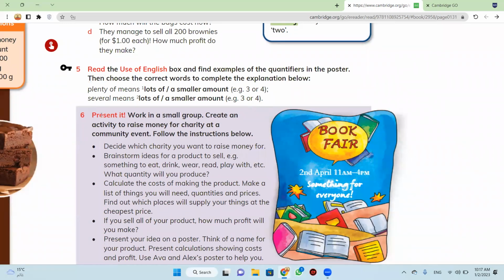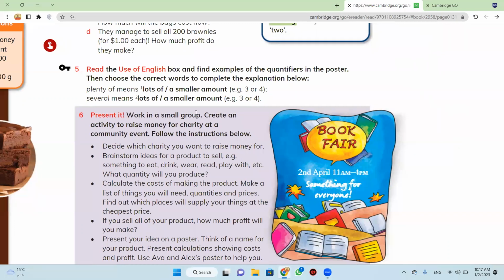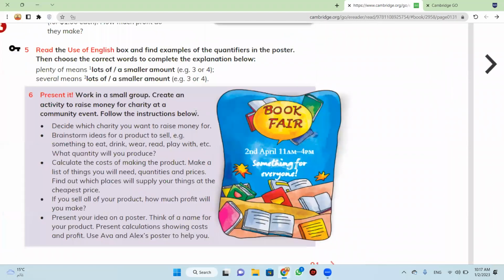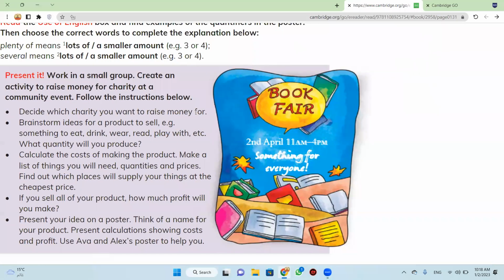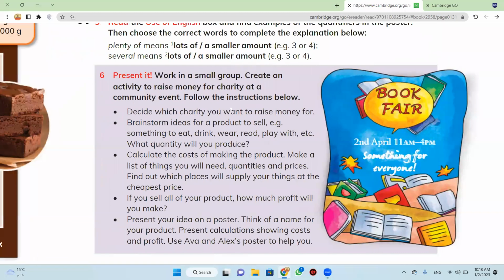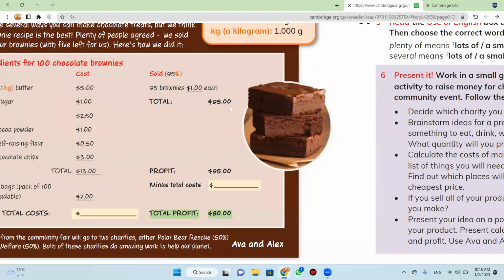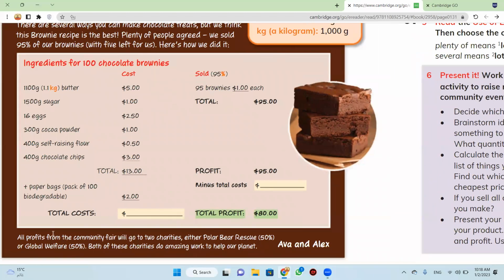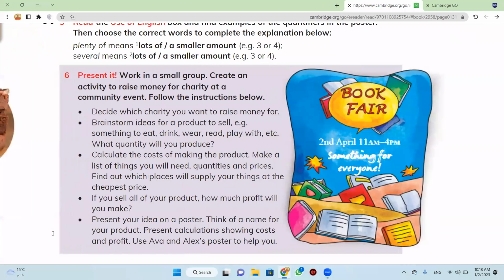As for activity 6, presented, work in a small group, create an activity to raise money for charity at a community event. Follow the instructions below. Decide which charity you want to raise money for. So the first poster here about the brownies, they donated to the polar bear rescue and the global welfare charities.